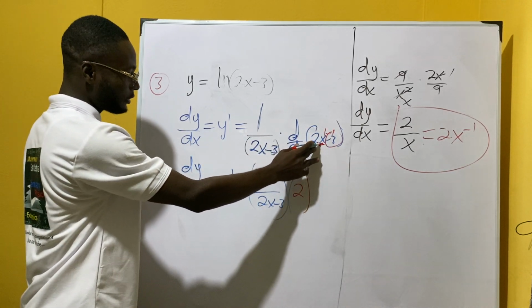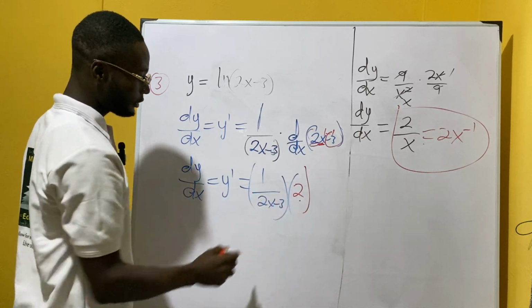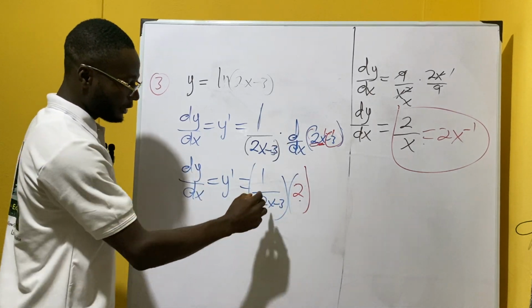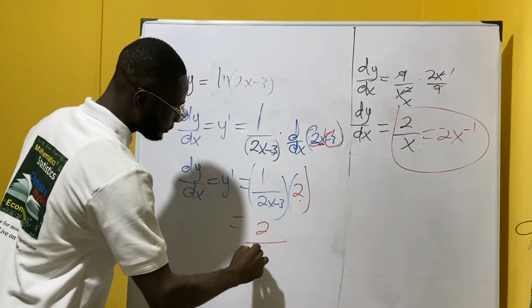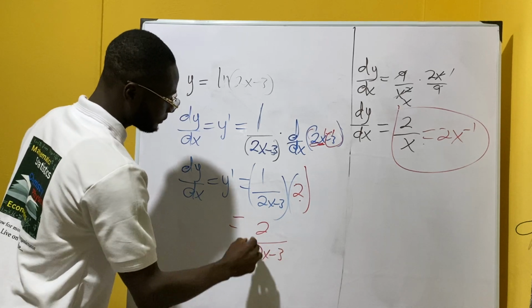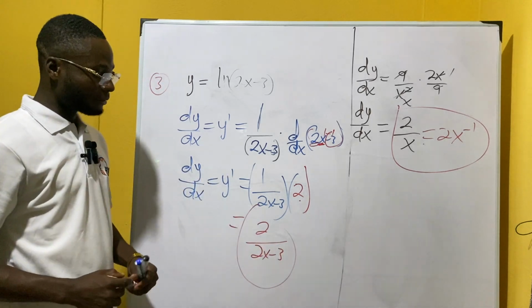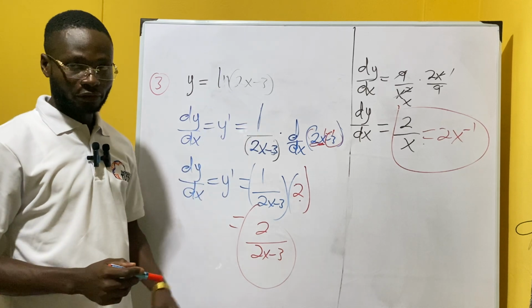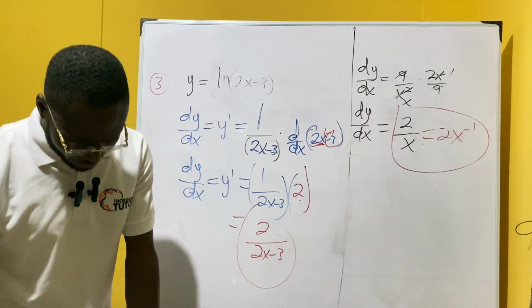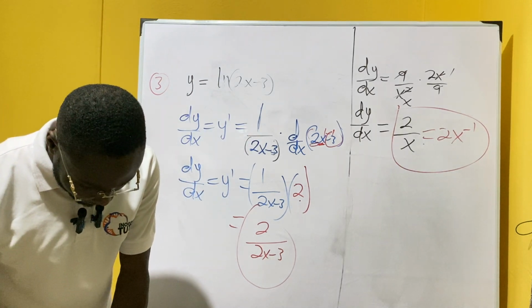Any number to the power 0 is 1, so we have 2 here. And then this becomes 2 over 2x minus 3. And this becomes our final answer to this particular problem. Very, very easy, as you see.